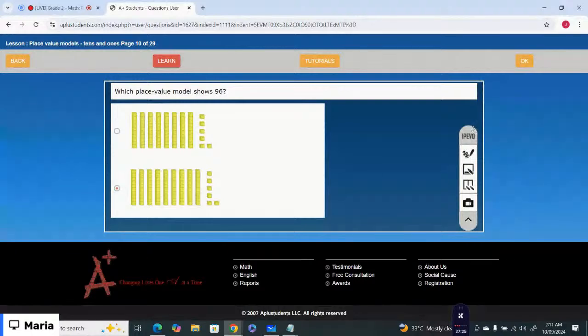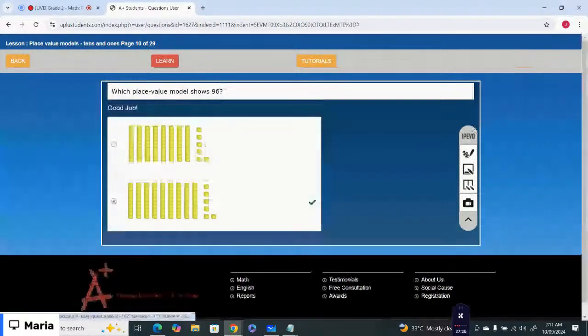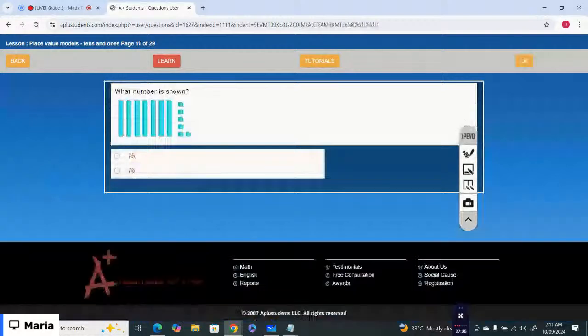Here it is 96. 9 tens and 6 ones makes 96. Okay, what number is shown? Which is the correct option? 76. It is right. Option number 2 is the correct option.